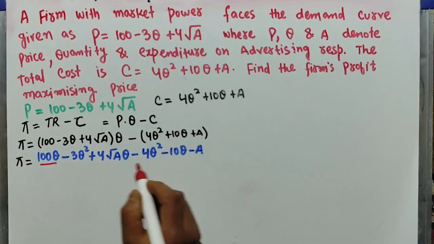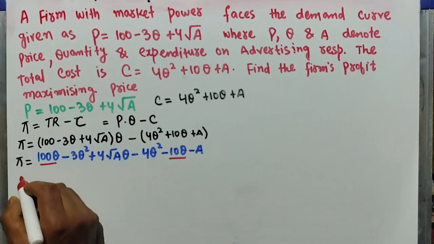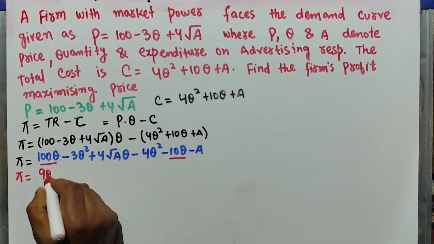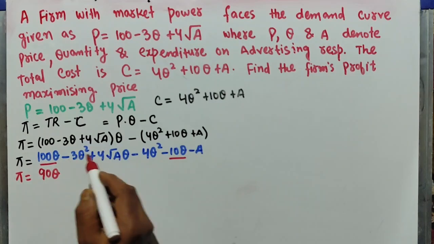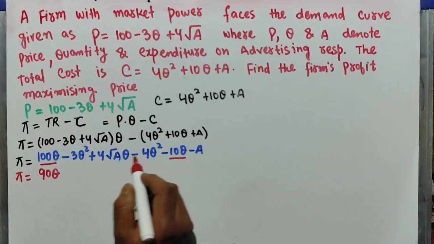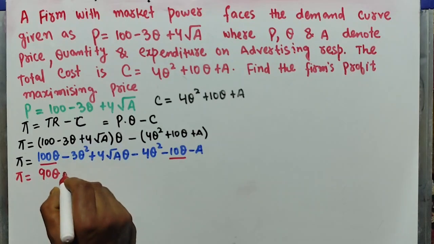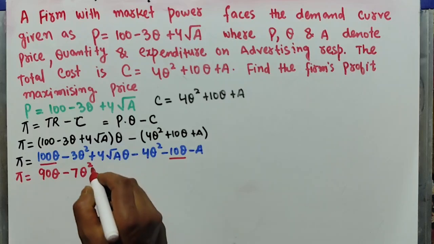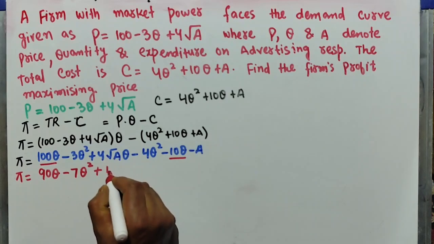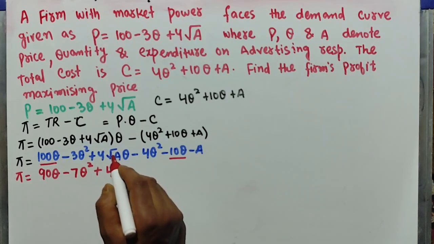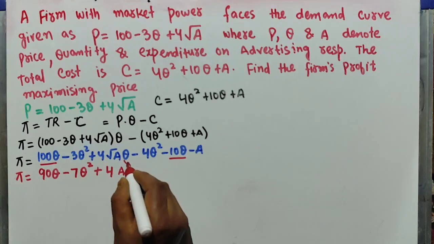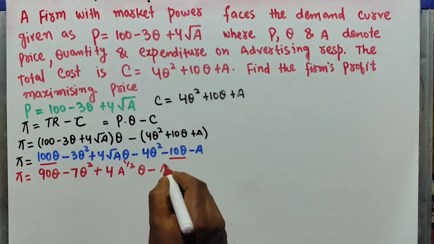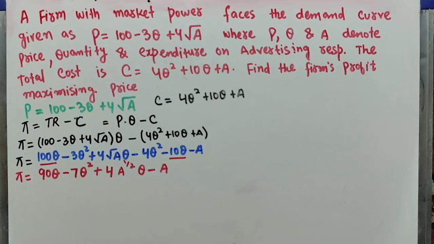We have 100Q and 10Q, so 100Q minus 10Q is 90Q. Then we have minus 3Q square and minus 4Q square, so minus 7Q square. The other terms we write as they are, writing under root A as A raised to power 1 upon 2: 4 A to the 1/2 Q minus A. This is the profit function for the firm.